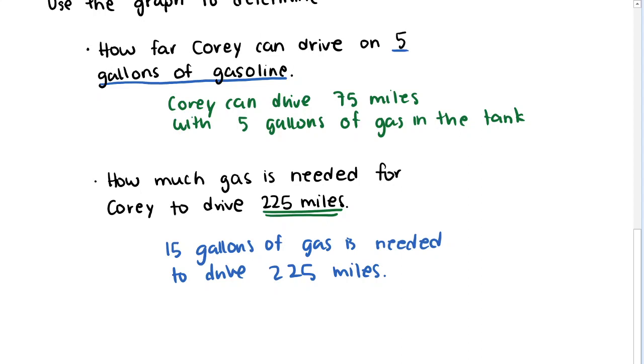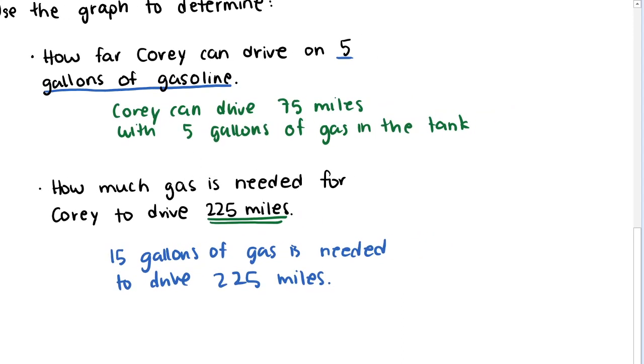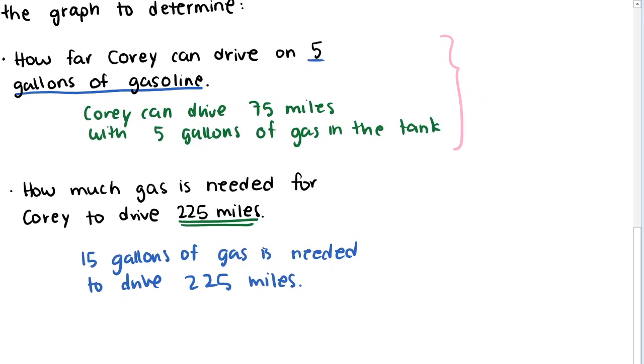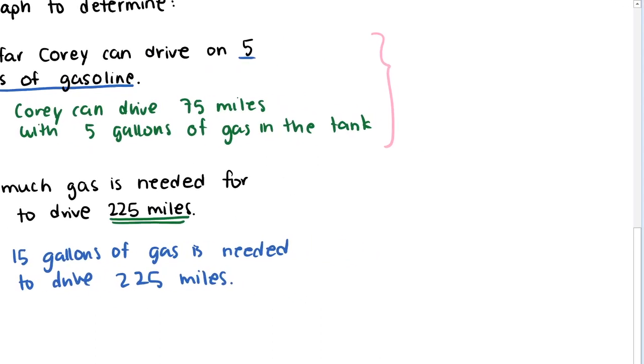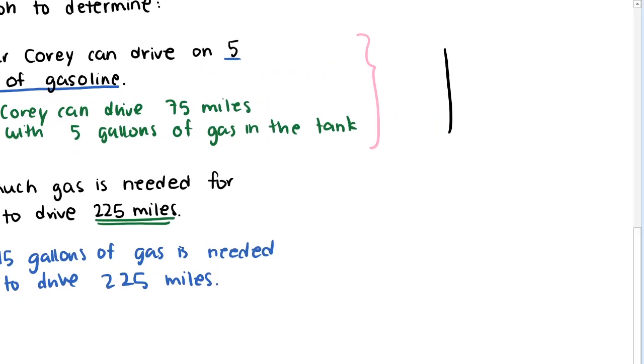And so this is how we can use a graph, or interpret a graph, to answer different questions about the scenario the graph is representing. And there's a little bit of language I'd like to introduce here. So this process, where we started with an input value and figured out an output value, maybe I'll draw an analogous picture.